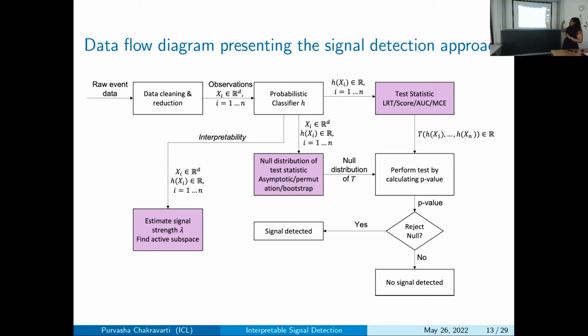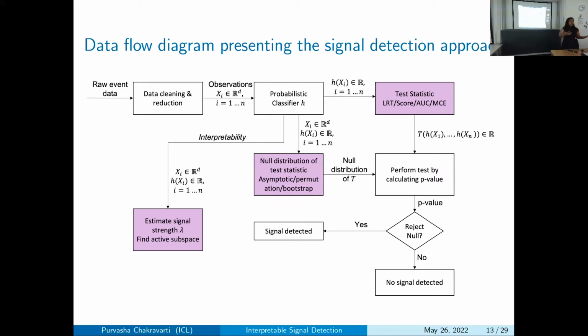The colored boxes are basically our contribution to this whole project, especially the test statistics. Physicists generally just use the likelihood ratio test, so they haven't explored these other test statistics. That is one of our biggest contributions, to tell them that you could be doing these other things. The other one is the null distribution.